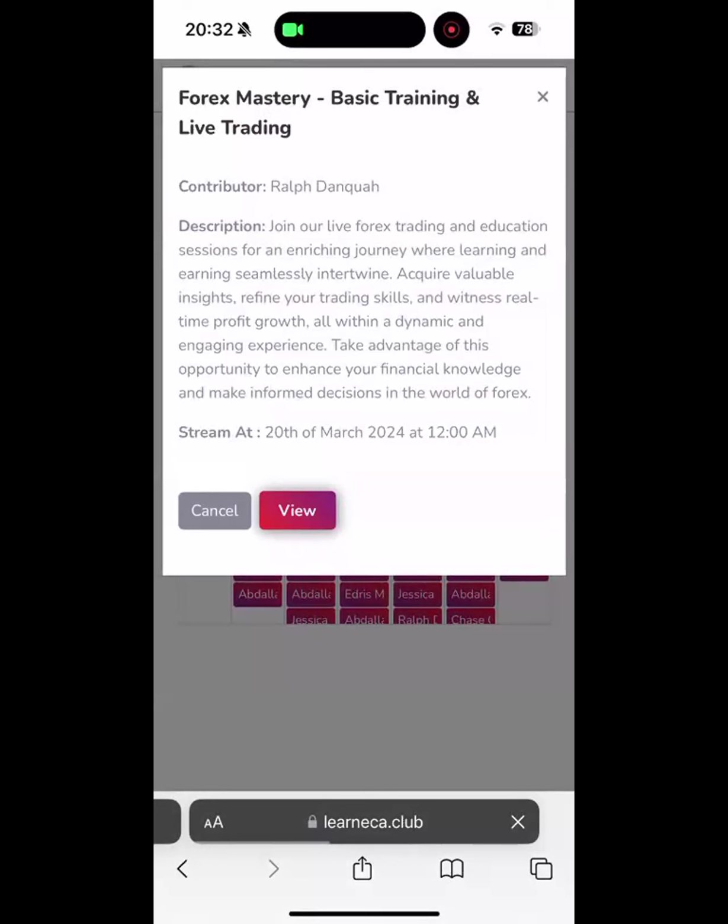Now, for those of us that are in different parts of the world, it is automatically converted to your time zone, especially if you are that person that wrote your country when you were signing up. Maybe if you're in the UK, you did not sign up with your Nigerian details. You signed up with your actual UK details. Or if you're in the Netherlands, you signed up with your Netherlands.